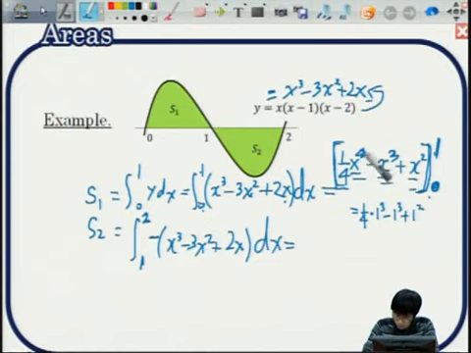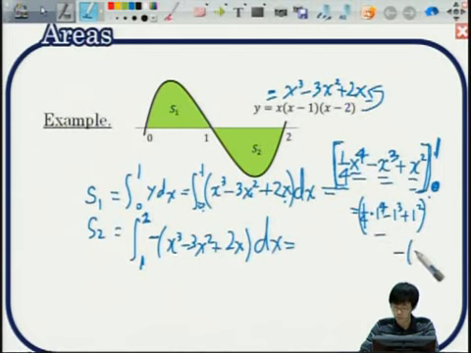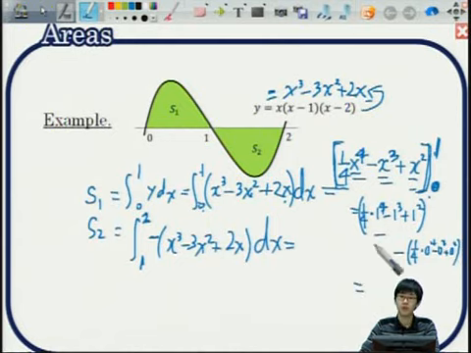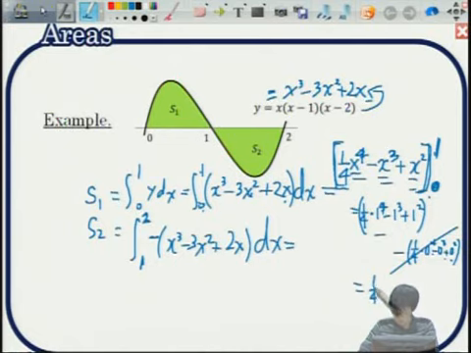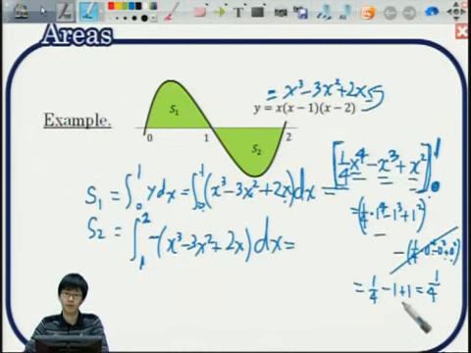Oh, actually this is 4. This total value minus this one, which means this is all 0, so it'll be erased, and this will be 1 over 4 minus 1 plus 1, which will be 1 over 4, right?